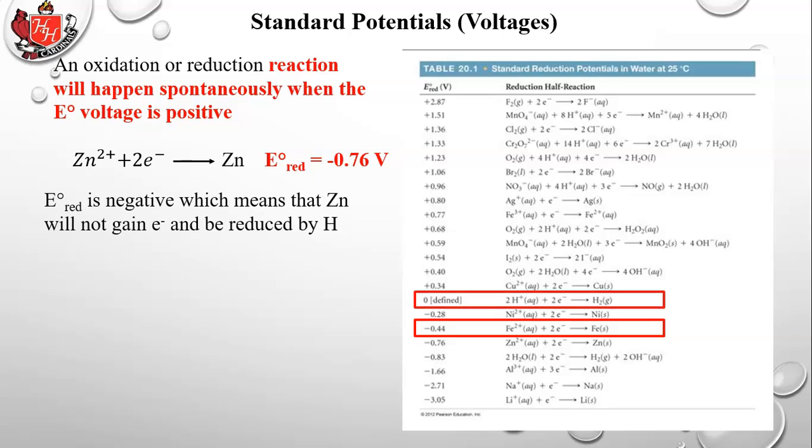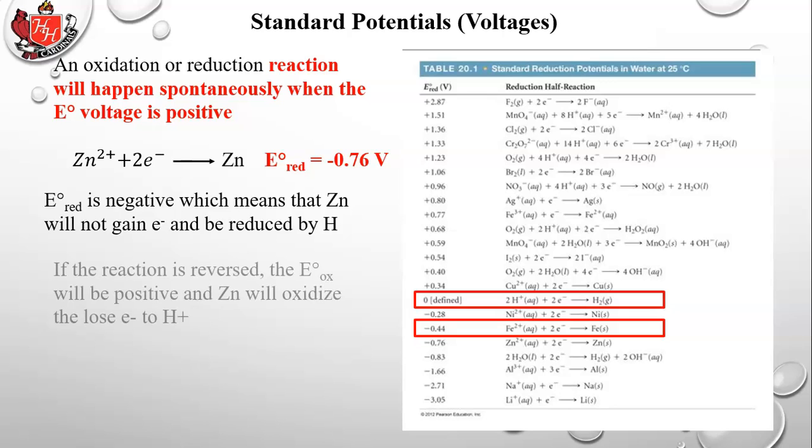So the standard potential of reduction is negative, which means that zinc will not gain electrons and be reduced by hydrogen. If the reaction is reversed, then the standard potential becomes a standard potential of oxidation, not of reduction. And that will be positive, and zinc will oxidize to lose electrons to the hydrogen. So there it is.